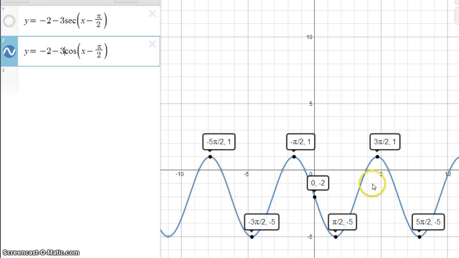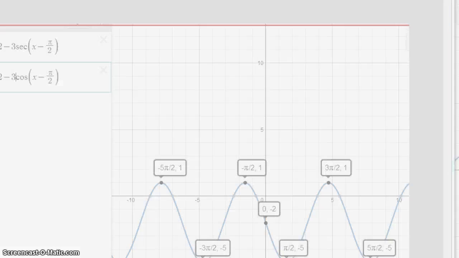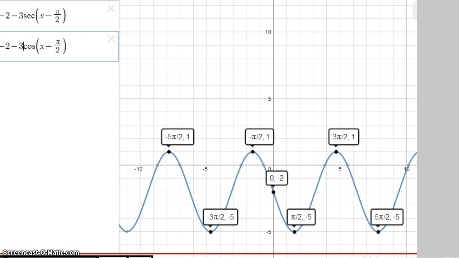Okay, so we have the period. Let me see if we can draw on this for a sec. We're going to be drawing on this, and we're going to have something like this, something like this.